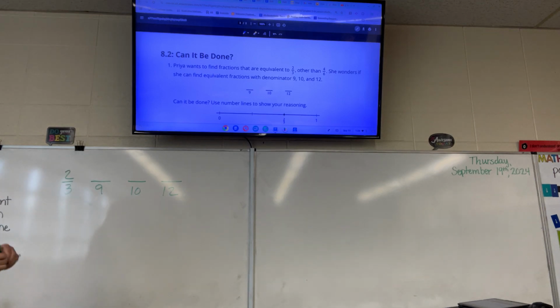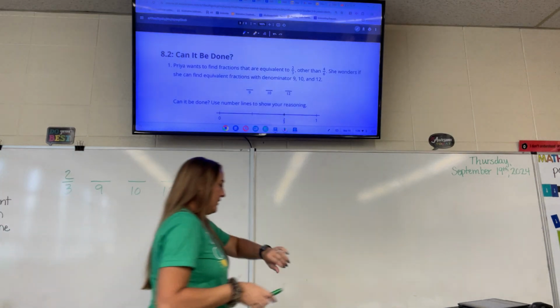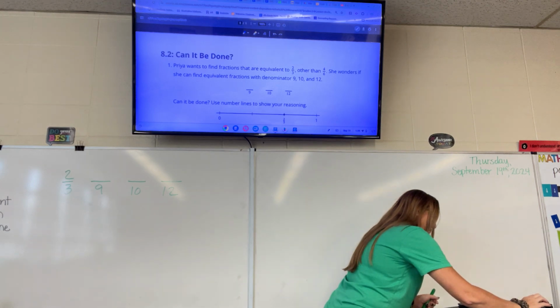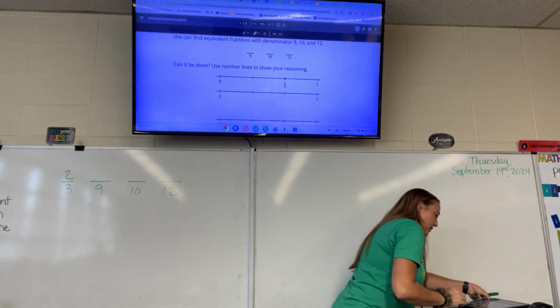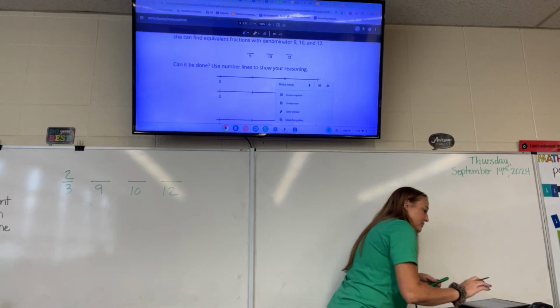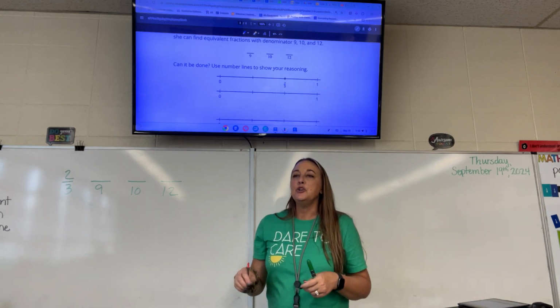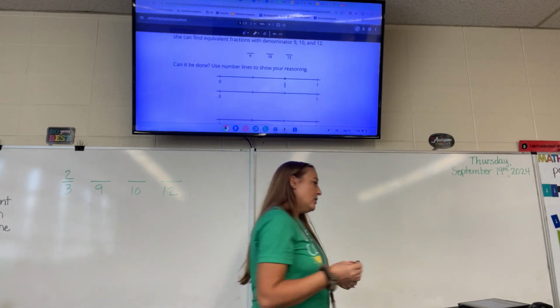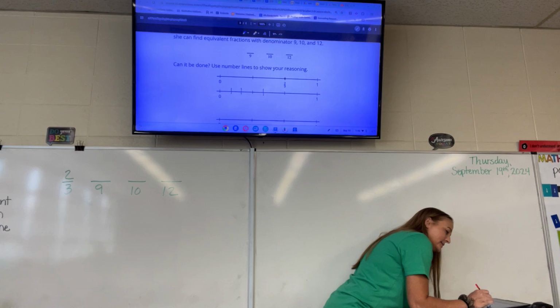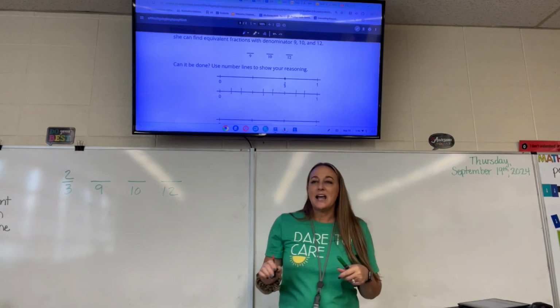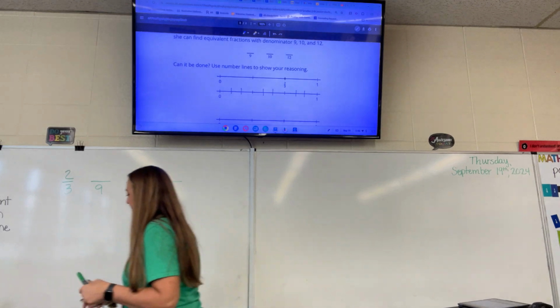I'm gonna go through this one kind of fast so we can get finished up, okay? All right. So here's what she does. On the first one, she knows that to get from 3 to 9, you multiply by 3. So she splits each of these sections into 3 sections. And once she does that, she has 9 sections.